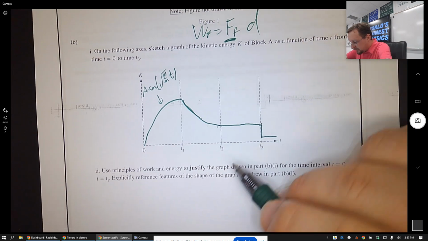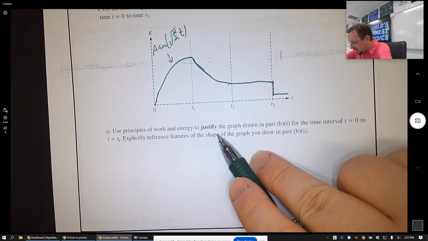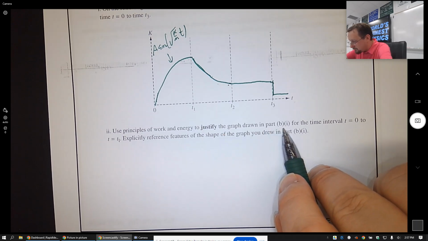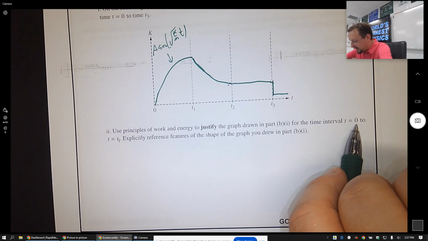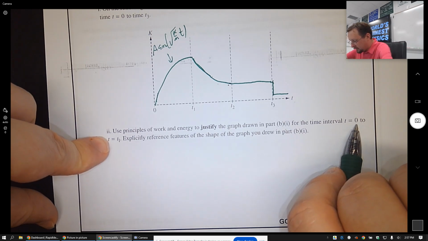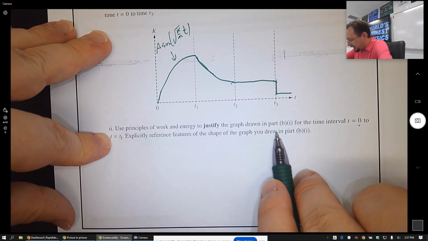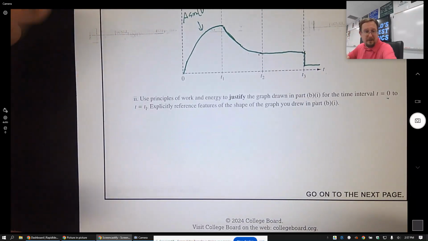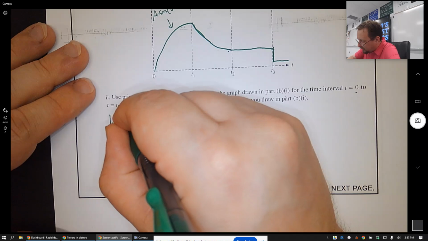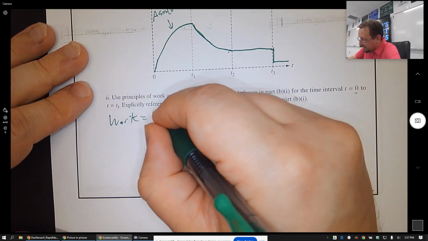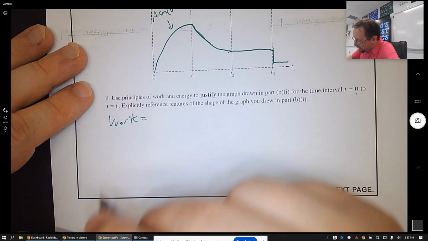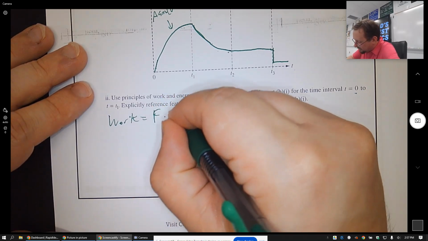All right. Using principles of work and energy, justify the graph drawn in part BI from the interval t equals 0 to t equals t1. Explicitly reference features of the shape of the graph you drew in part BI. I guess maybe I'll say this. I might say work is force times distance.